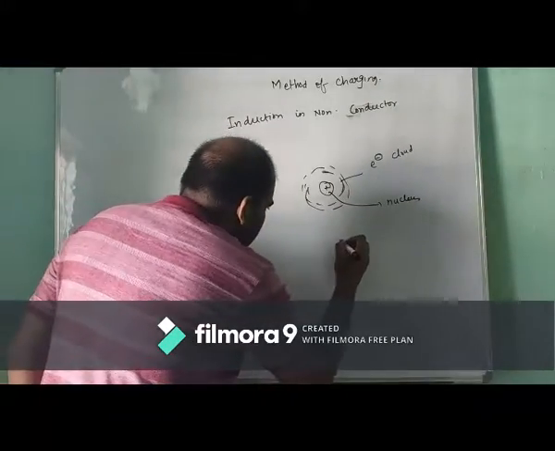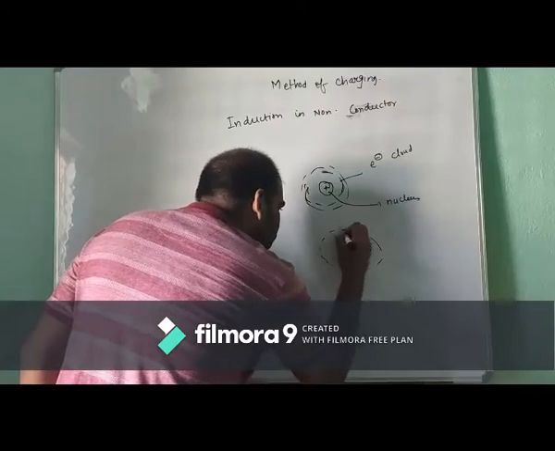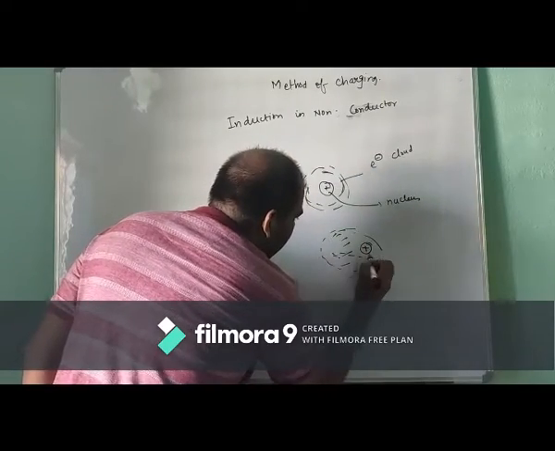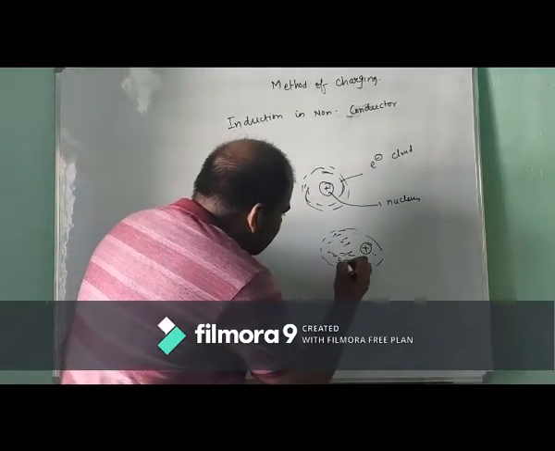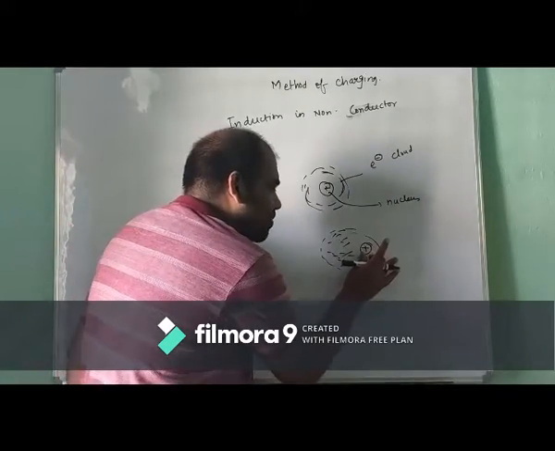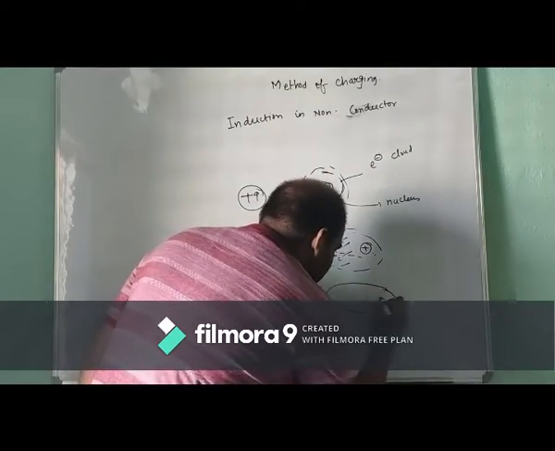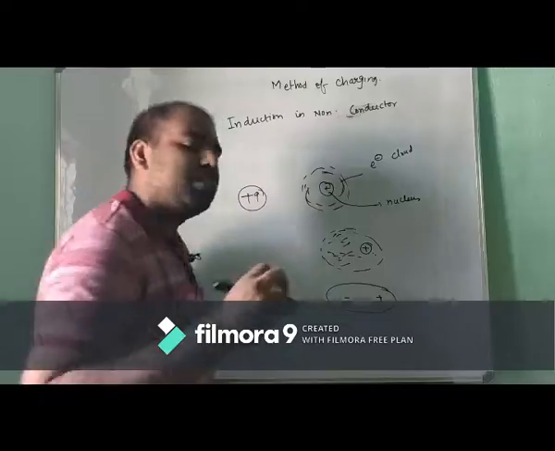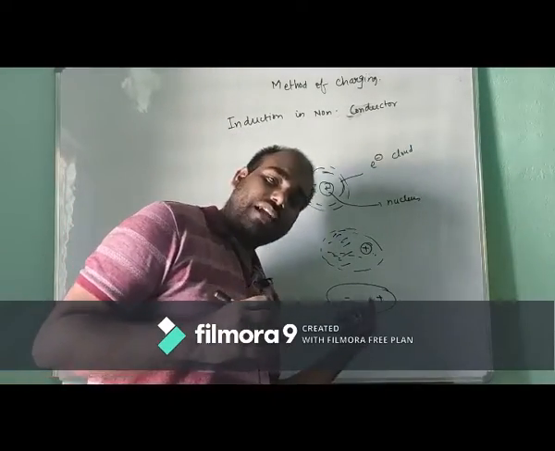So slowly, the electron cloud will shift, and this is your positive charge. So if we have to represent this, we can say this is your positive charge and this is your negative charge. The whole negative charge is concentrated on this side.